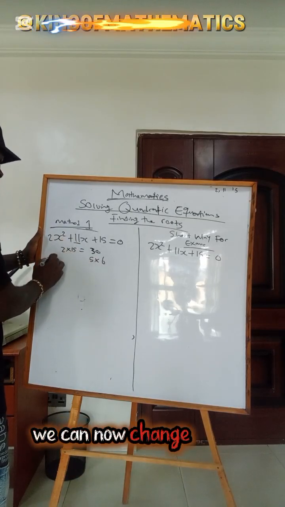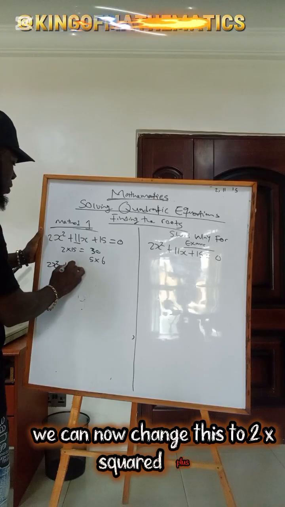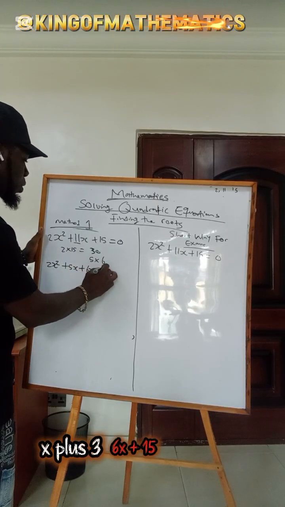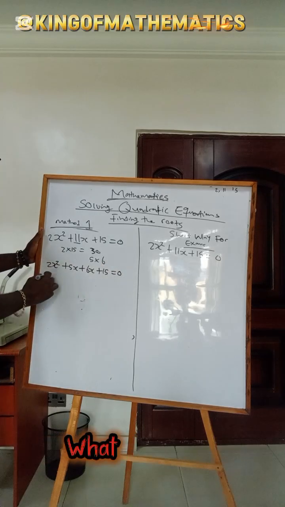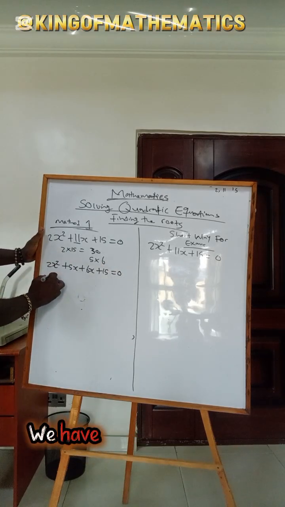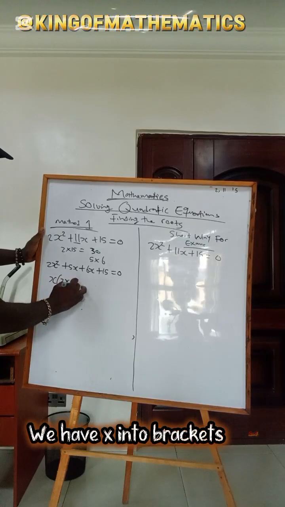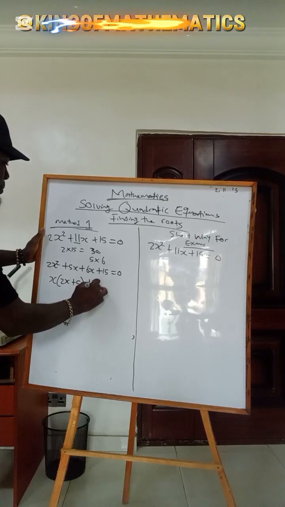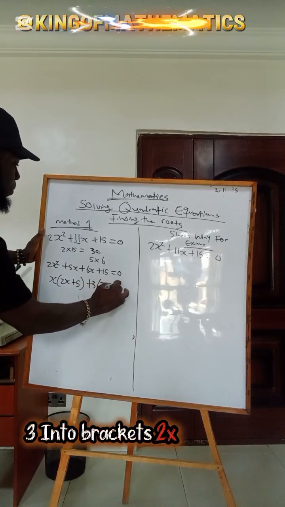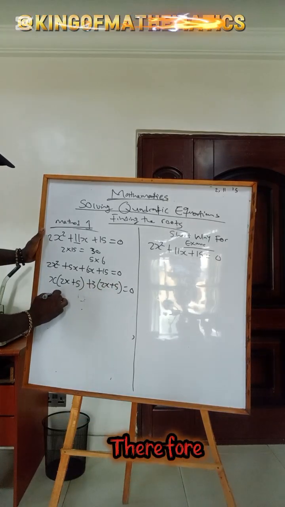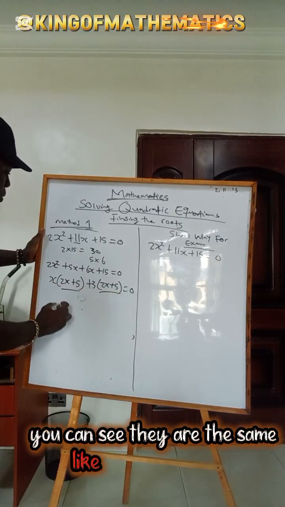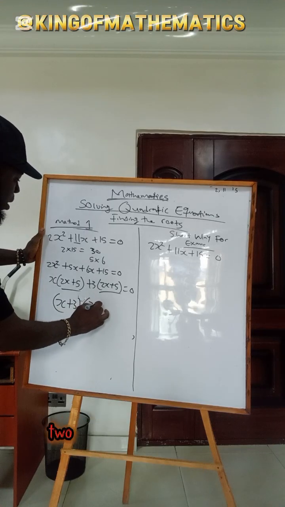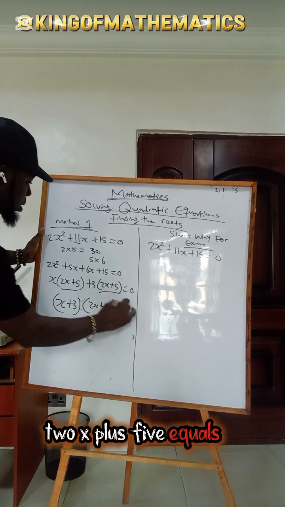So therefore, we can now change this to 2x squared plus 5x plus 6x plus 15 equals 0. What is common? Here we have x into bracket 2x plus 5. And here we have 3 into bracket 2x plus 5 equals 0. Therefore, you can see they are the same, like I told you earlier. So that's going to be x plus 3 bracket 2x plus 5 equals 0.